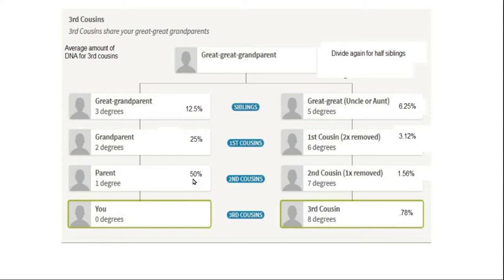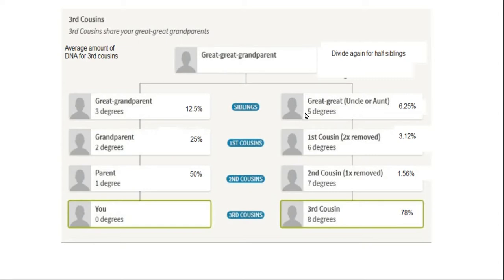So you got 50% of your DNA from your mother or father, one parent, and one of your grandparents may have contributed 25% to you, because you're going to keep dividing this by half. And these are averages of what you're going to get. So you're going to take your parent, divide by half.